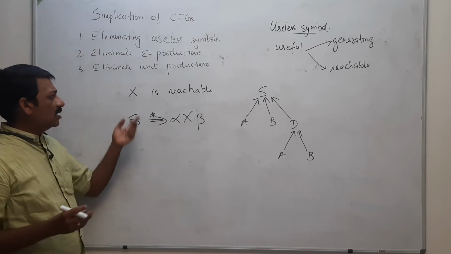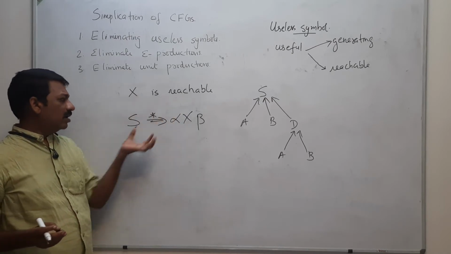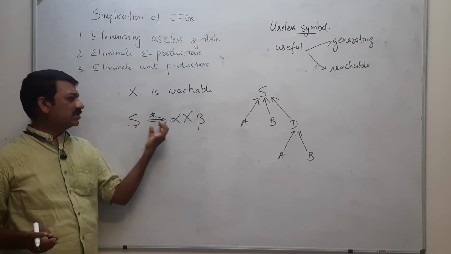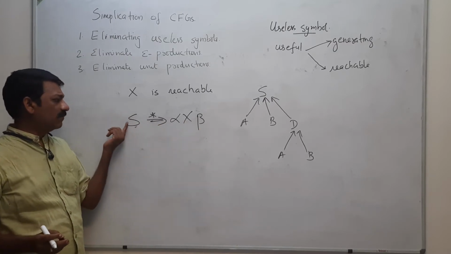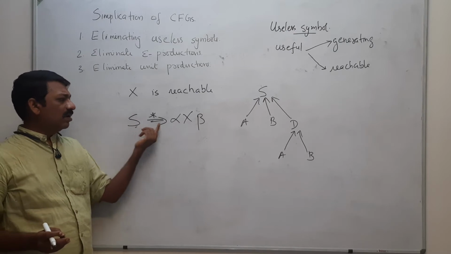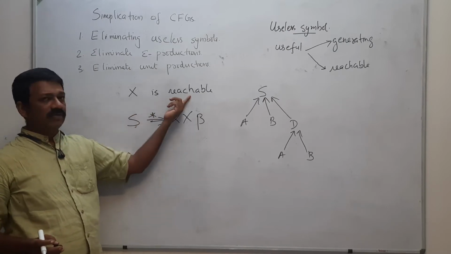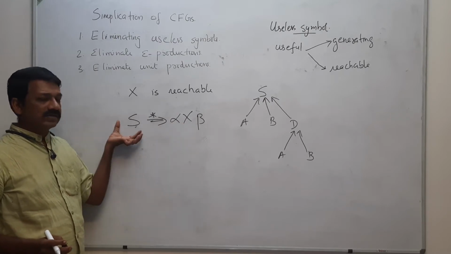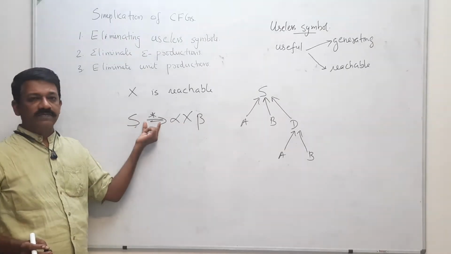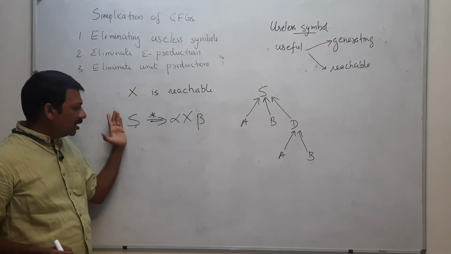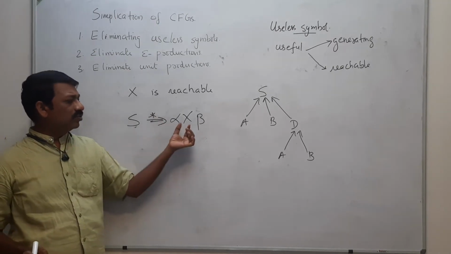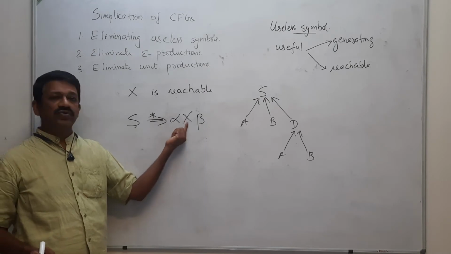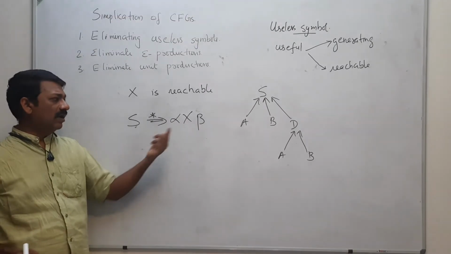That means X is reachable if the start symbol derives X in 0 or more steps. From the start symbol you should be able to reach it. That means in any one of the derivations this X should come. That is why it is reachable.